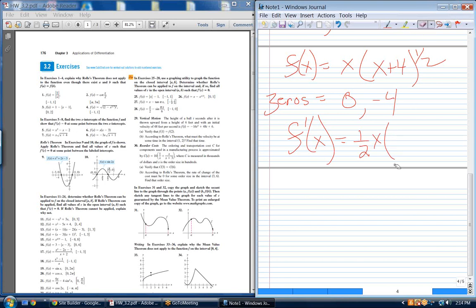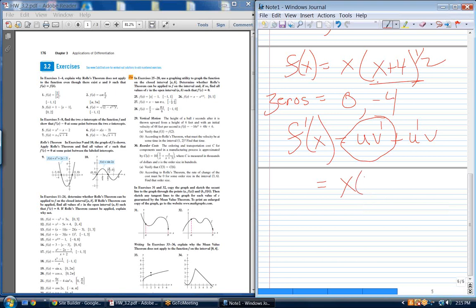All right, let's go through the product rule. Product rule is u v prime plus u prime v, right? So let's do this one first. If u is x and v is x plus 4 to the 1/2, we get x times the derivative of that.